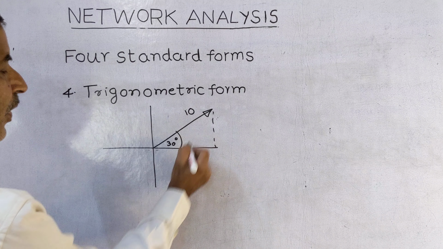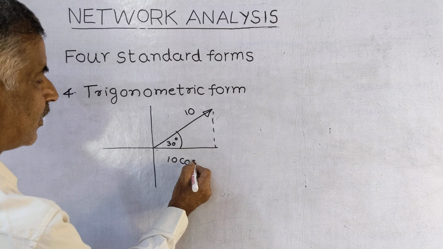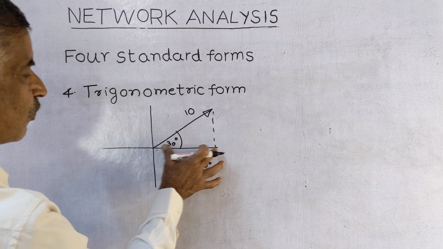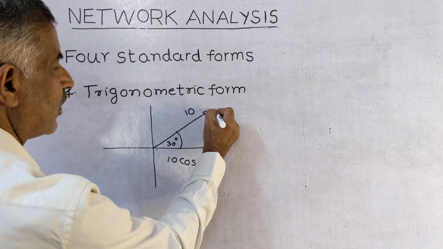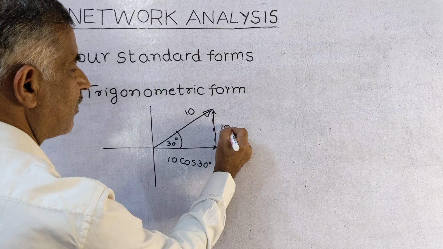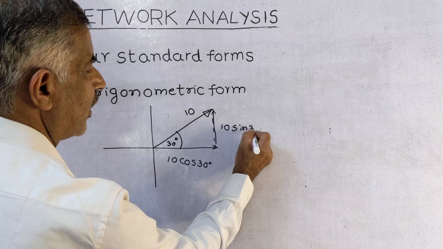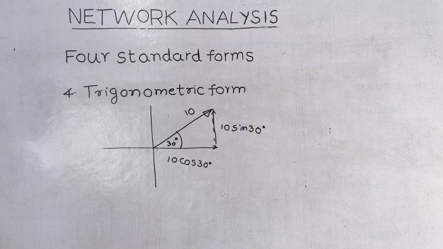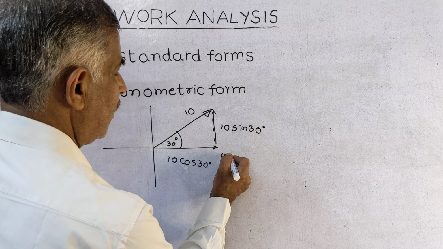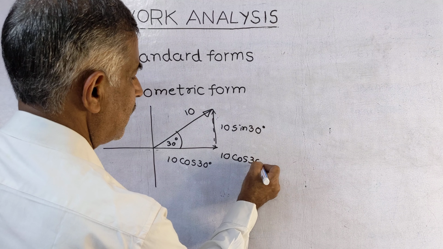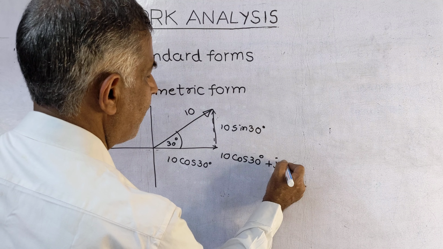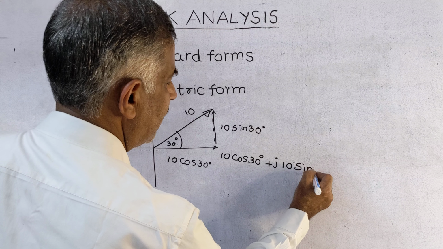The horizontal component is 10 cos 30 degrees, and the vertical component is 10 sin 30 degrees. So the trigonometric form is 10 cos 30 degrees plus j 10 sin 30 degrees.